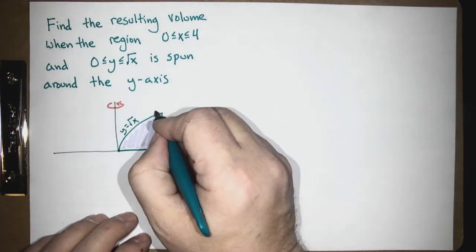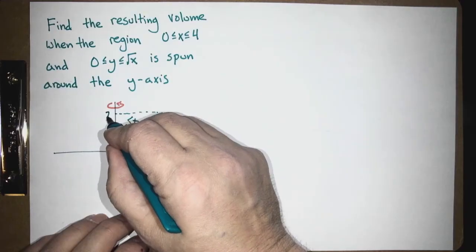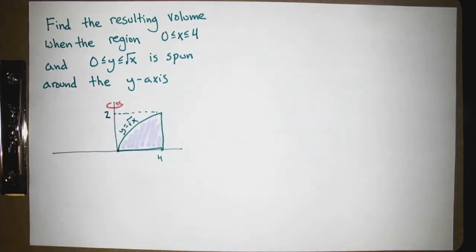And in case you're wondering, square root of 4, true story, it's 2. Okay. Well, what can we do? We have choices. Which method do you want to use?